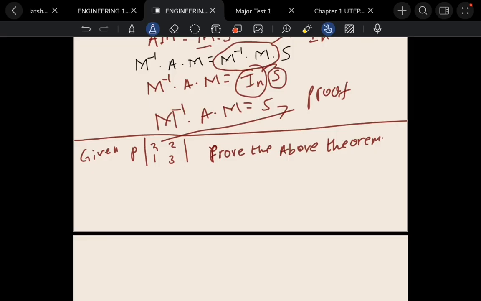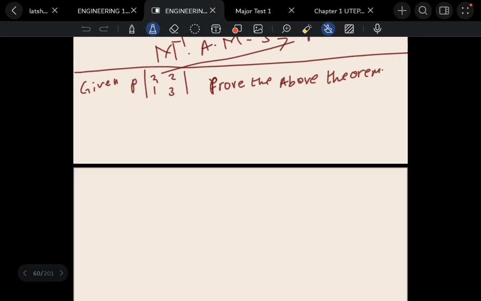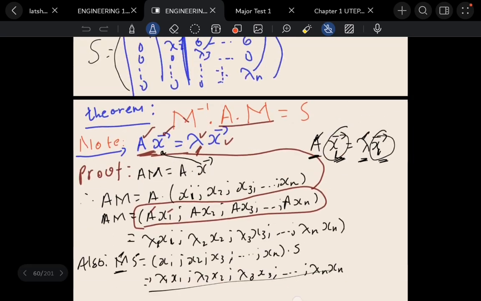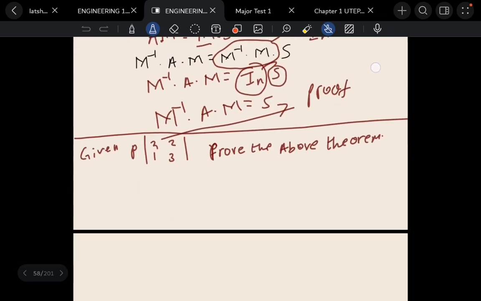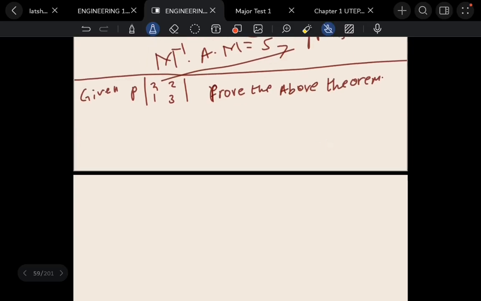So we need to prove the above theorem using a matrix. We can also do it using a 3 by 3 matrix. It does not matter really. But I'm just going to do a 2 by 2 matrix.